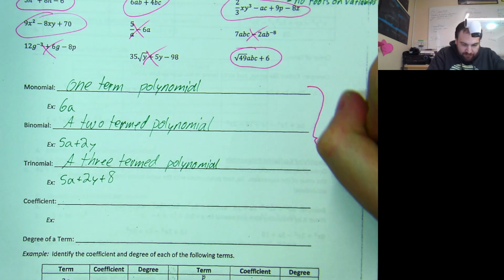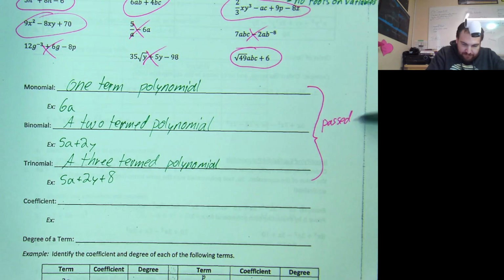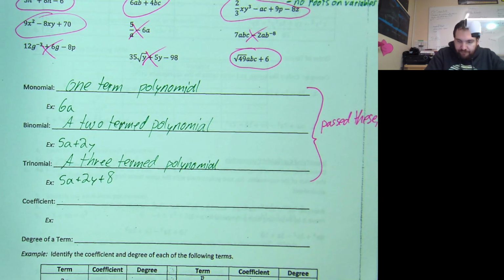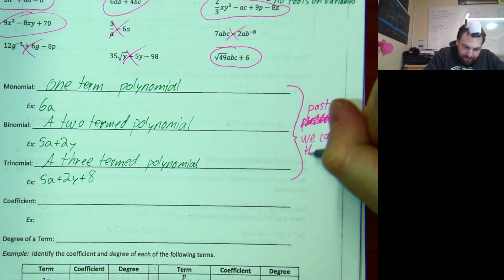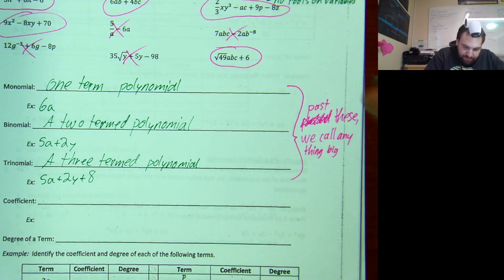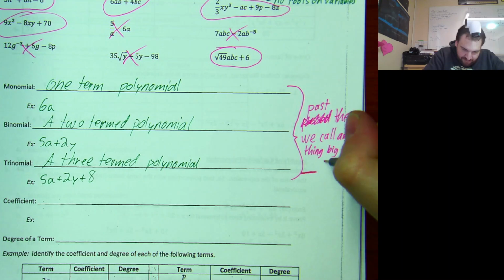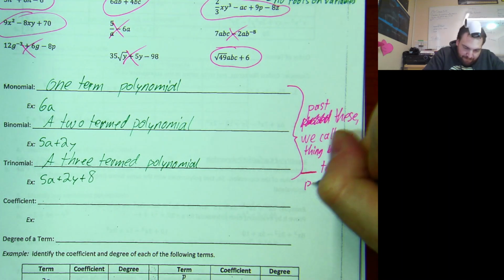Past these three, we call... I shouldn't say past, this should be just past with a T. Past these, beyond the monomial, binomial, trinomial expression, we call anything bigger a blank-termed polynomial.